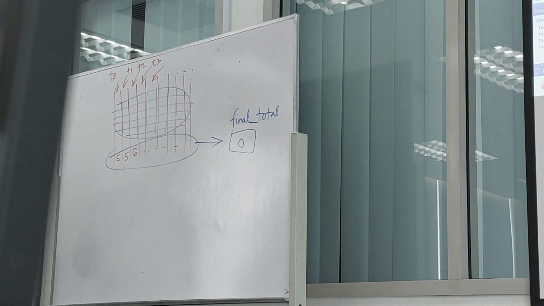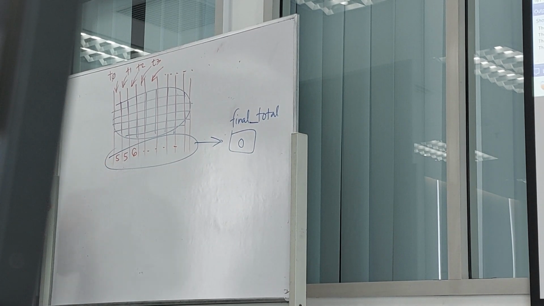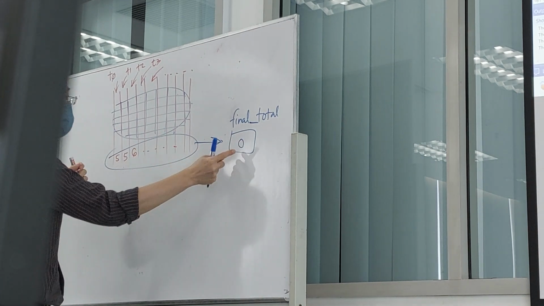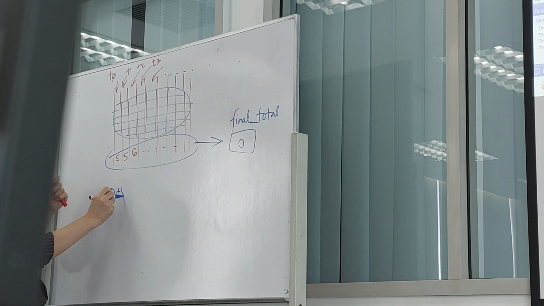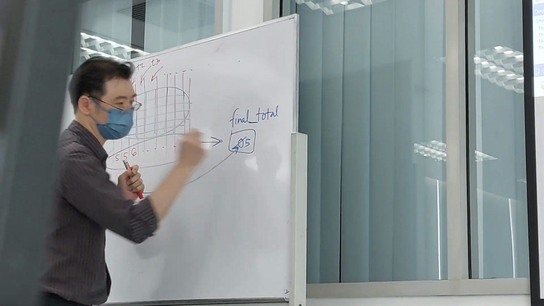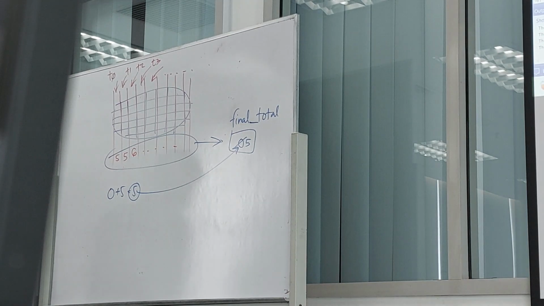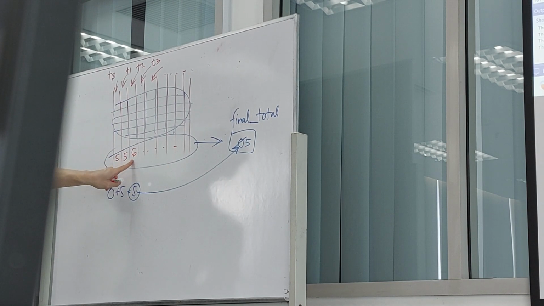T0 computes 5, so you take 0 plus 5, which is 5, and override it. Next, T2 finishes with 6.